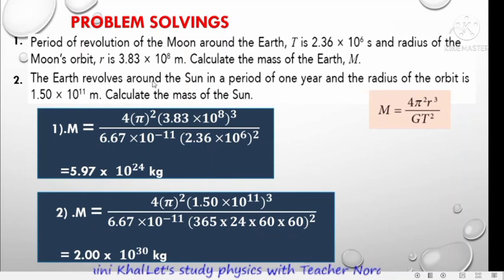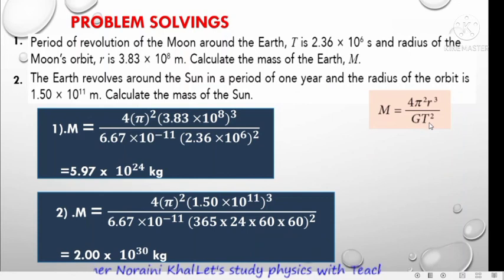Second, the Earth revolves around the Sun with a period of 1 year. The radius of orbit is 1.5 times 10 to the power 11 meters. Calculate the mass of the Sun. In this case the radius of orbit is given, so just substitute here r, and then the period of 1 year.